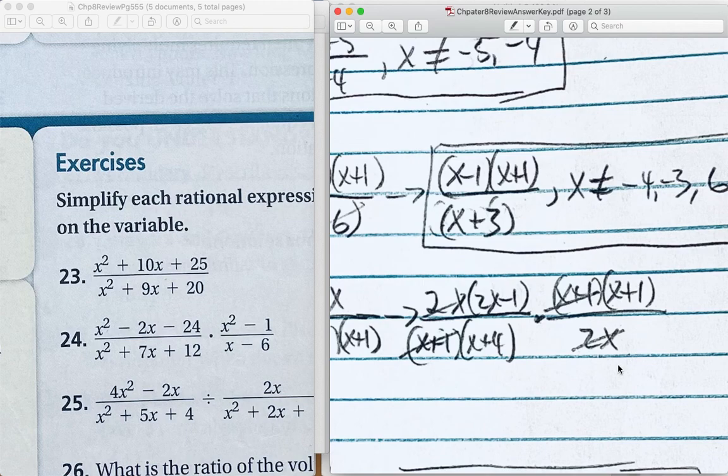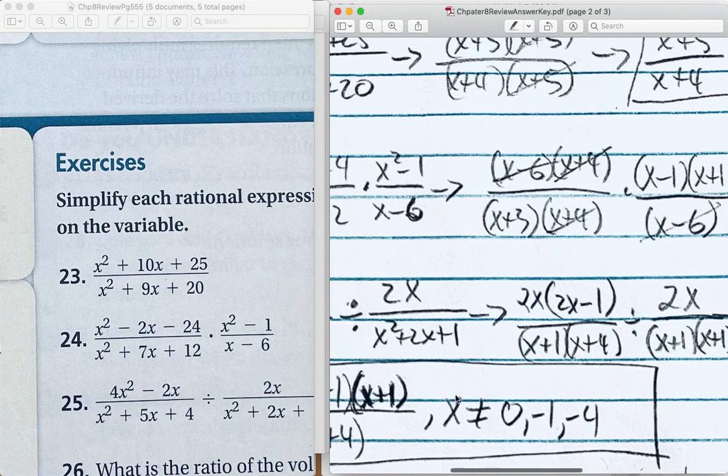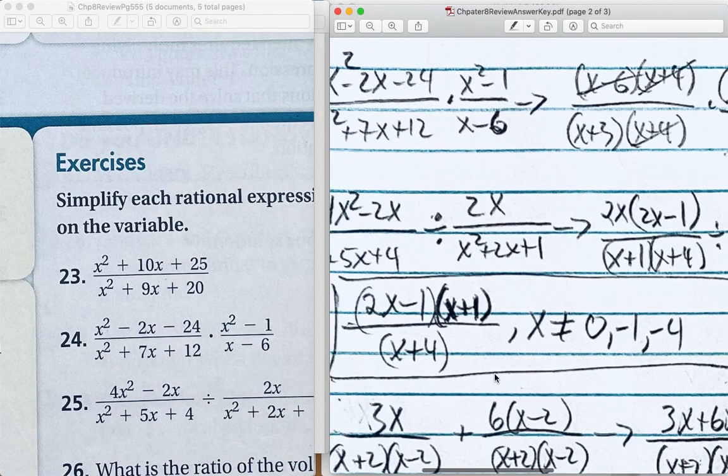So I have x not being negative 1, x not being negative 4, and x cannot be 0. I look to see if there's anything I could cross out. I can cross out this 2x and that 2x, this x over 1 and this x over 1. So I'm left with 2x minus 1 over x times x plus 1 over x plus 4, where x cannot be 0, negative 1, and negative 4.